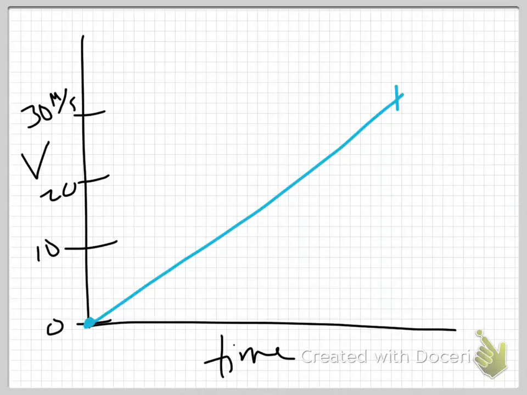What does the slope of this line give you? Acceleration. Bingo. Because the slope of this line is now your change in velocity over your change in time, which is by definition acceleration. So it's the handy little trick where when you have a position time graph, slope gives you velocity. When you have a velocity time graph, slope gives you acceleration.